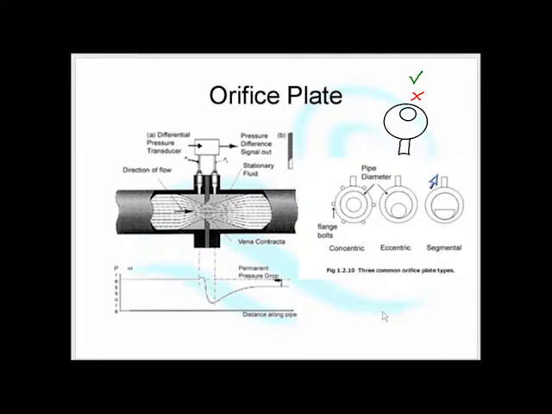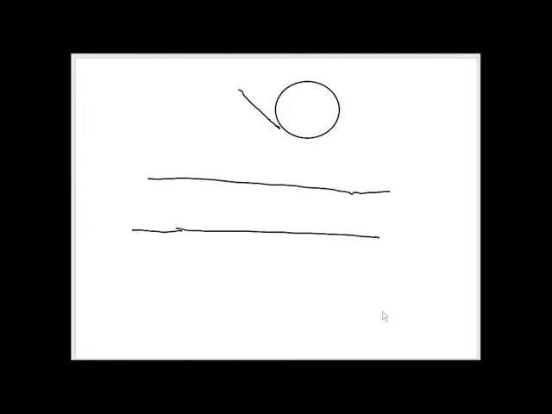Now, a big problem we get with all of the types of flow meter that measure pressure, whether it's an orifice plate or one of the many other types, is that in actual fact what we're measuring is differential pressure.